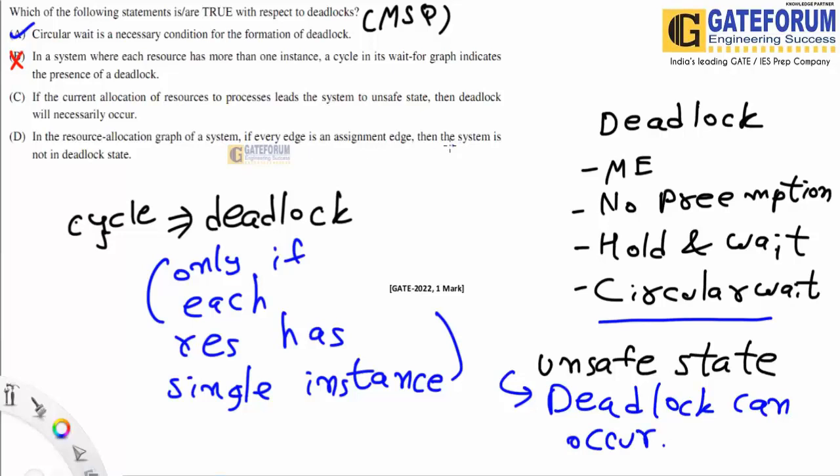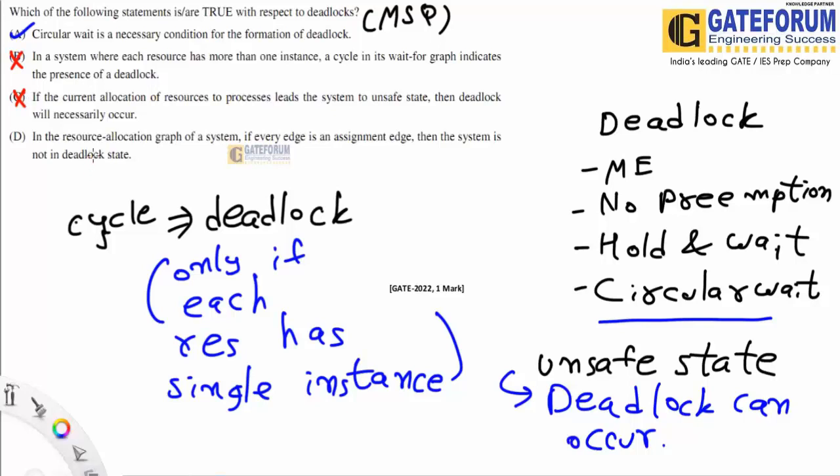If we have an unsafe state, then deadlock can occur. It is more likely to occur, but it's not necessary. There are also some scenarios in which, if some of the processes don't take some resource afterwards, or some change happens afterwards, then deadlock will not necessarily occur. But it is very likely to occur in the case of an unsafe state. So we cannot say it will necessarily occur, because of that word 'necessarily'. We can say this option is also wrong.